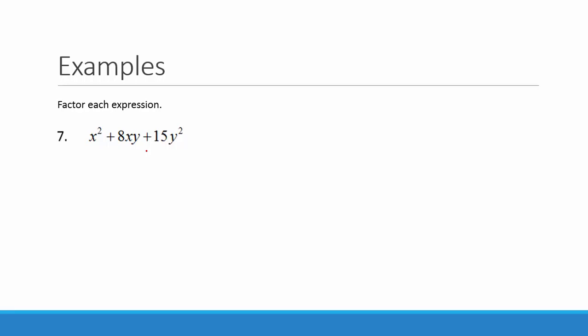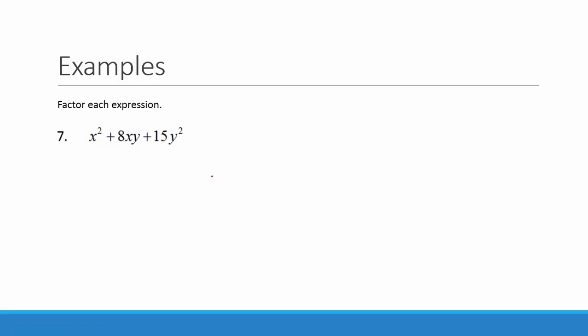Now, for our next one, it is a little bit different. The reason why it is different is we have x's and y's in this trinomial. I want you to look at this in the form that we've been using, except that we have a y and an xy and a y squared term. But the form is still going to be the same.